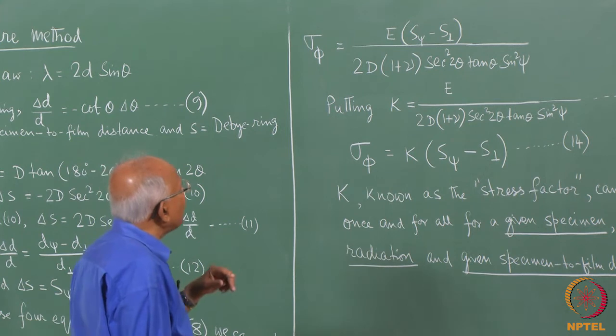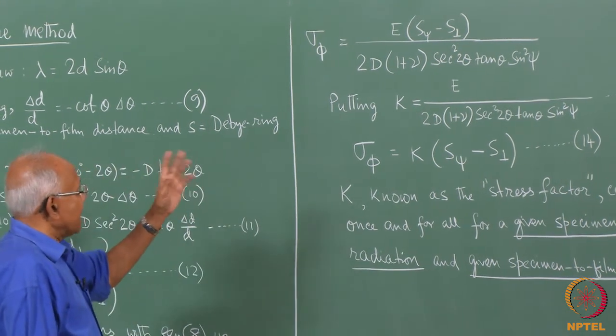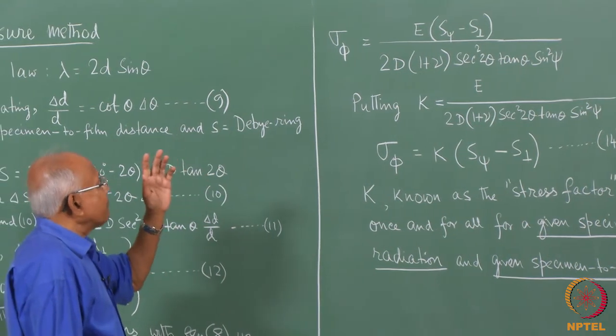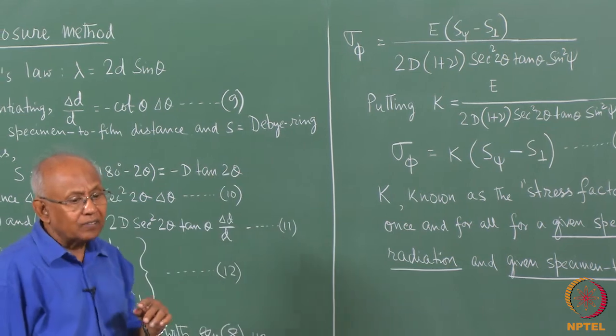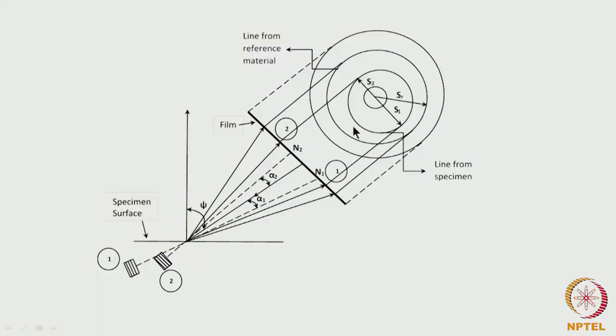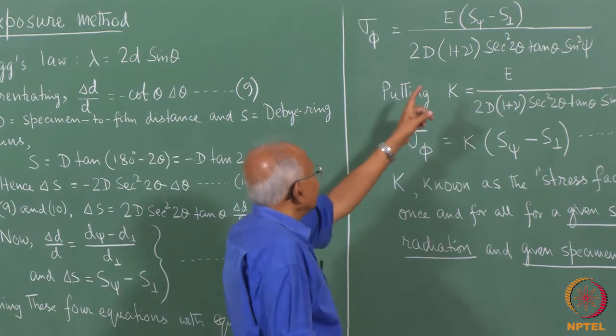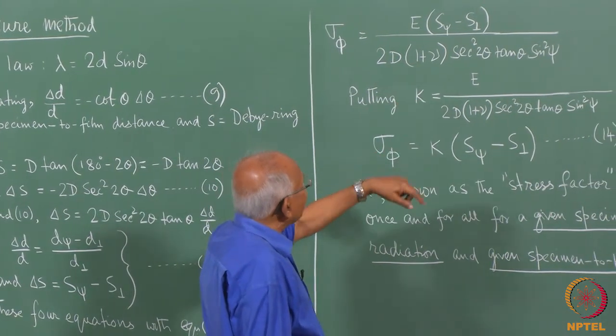S psi means the Debye ring from the specimen during inclined incidence X radiation. So, this is the situation when we are having an inclined incidence photography, that refers to the radius of the dividing there, minus S perpendicular.